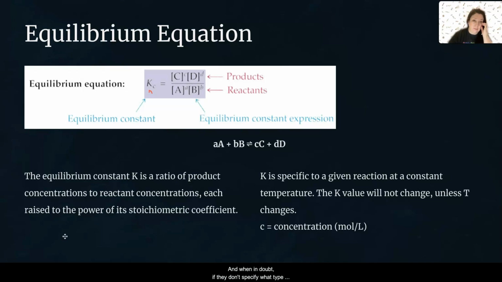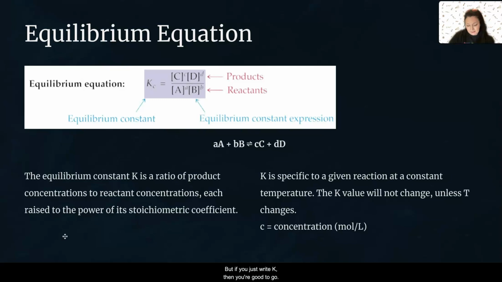And when in doubt, if they don't specify what type of K they want, you can just write a capital K. Okay, that's fine, and that's probably the safest bet, because if they just say write the equilibrium expression but then they don't tell you which type to write, then just write K, because that's safe. Because if you write Kc and it's technically a Kp, then you're going to get it wrong.